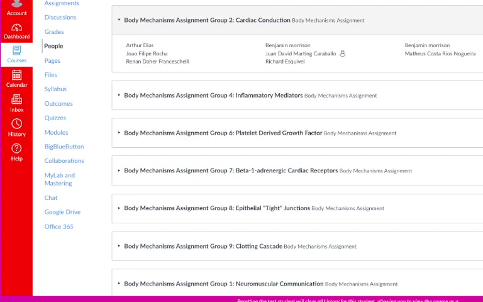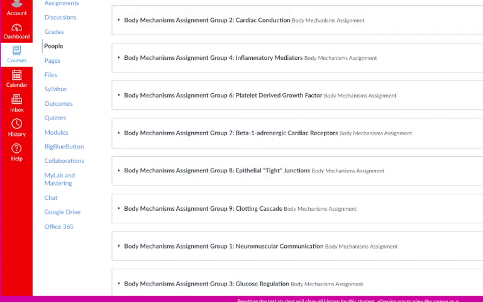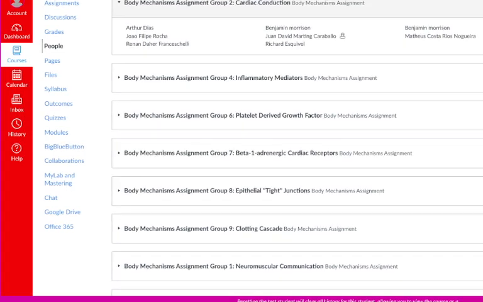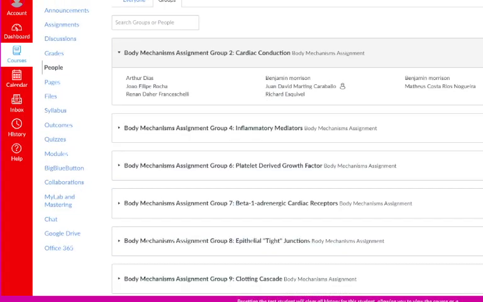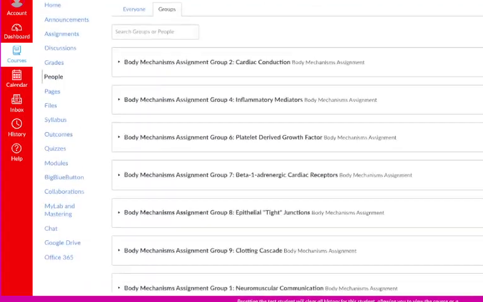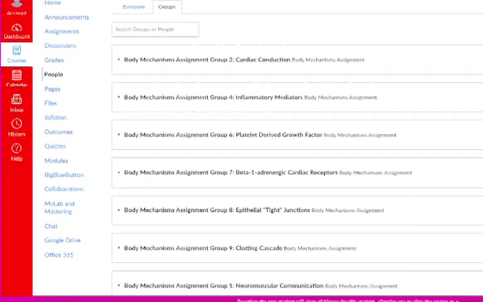Whoever has this little person by them was the first person to sign up for that group and is therefore the group leader. Please make sure that you ask me if you have any questions about this assignment, and I am happy to do drop-in sessions for groups that want to meet and make sure that they're on the right path to completing this assignment correctly. All right, please stay tuned for the exit ticket shortly to come from the lecture today.